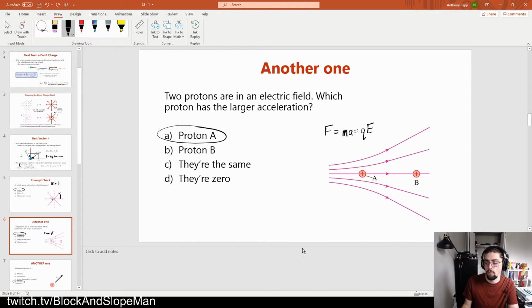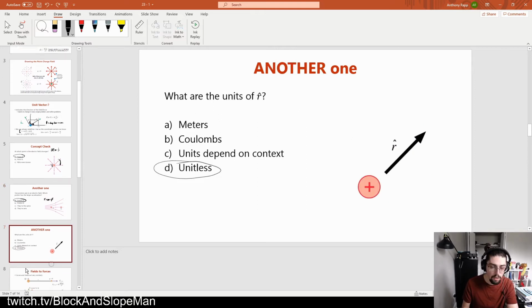They're more just telling us what direction they go and then how tightly packed they are. Because remember that I could fill in with an infinite number of lines, and we would just expect them to get tighter and tighter as we go down to the left. Right? The stronger and stronger field. This just tells us roughly about where that electric field is going to be going. So proton A should be the greater acceleration here.